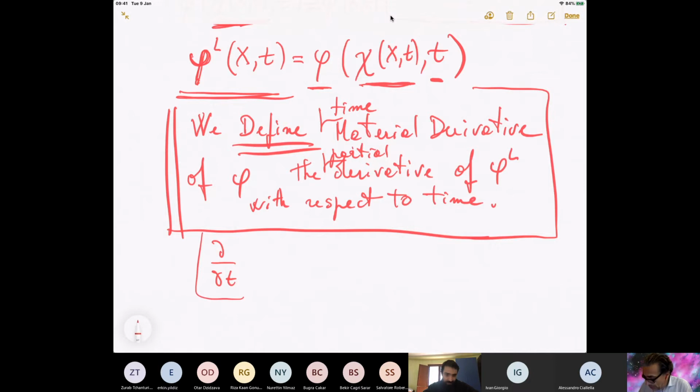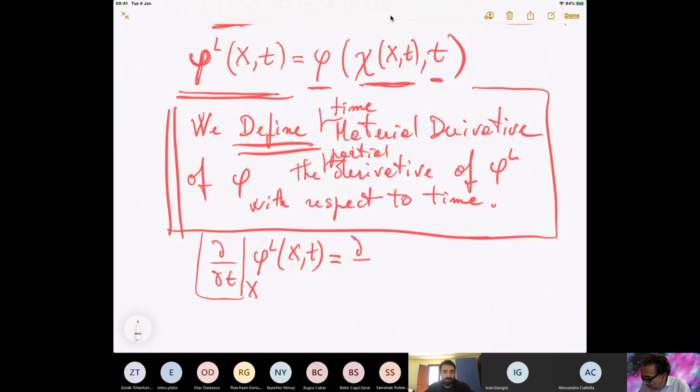Okay, so d over dt with capital X blocked of phi L of X and t, and we calculate this trivially using the theorem of derivative of composed functions.